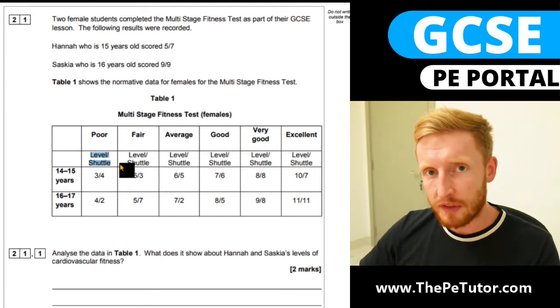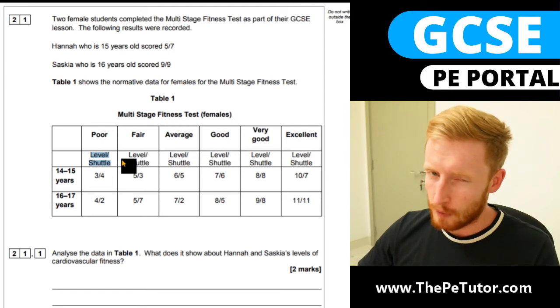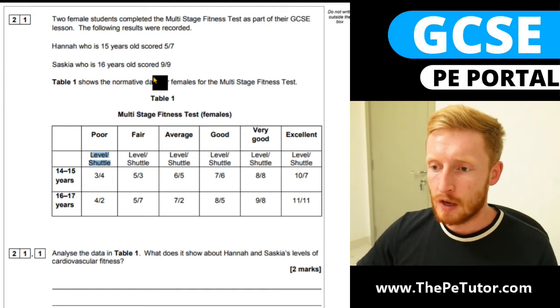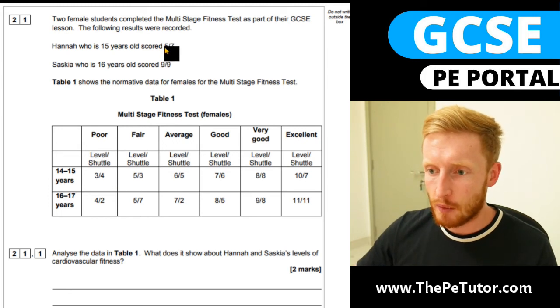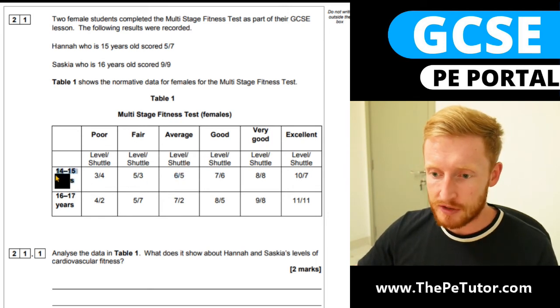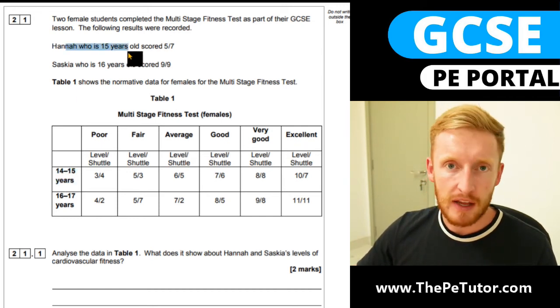Always look at what the table is telling you, and use the information they've given you to make sure you are accurate. Take your time, and make sure you use the data properly. So 5/7. If we start with the first number, the level, it's 5. We know Hannah didn't make it to level 6, and we're looking at this row of the table because Hannah was 15 years old.